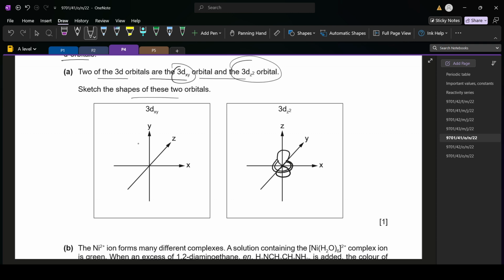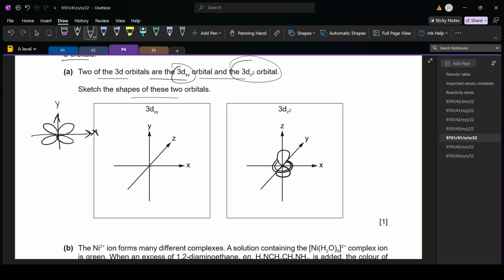Now the shape of dxy. Firstly, you will just draw the two axes. This is, let's say, the y-axis, and this is the x-axis. So the xy orbital will be in between these two axes.